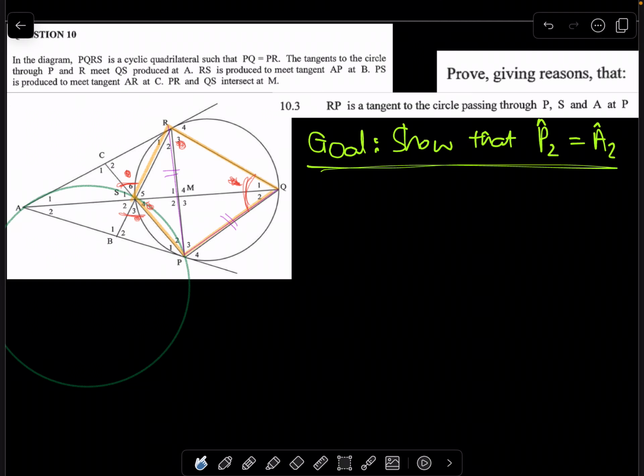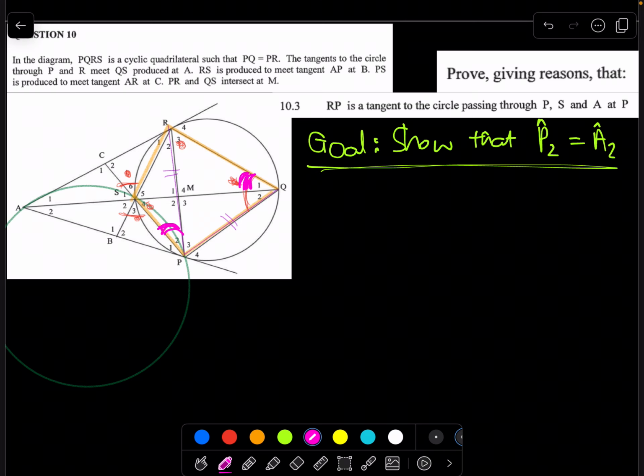Okay, so right, we want to show that this guy and this guy are equal. So look for other angles that have a relationship with P2. So P2 and Q1 have a relationship because angles in the same segment.